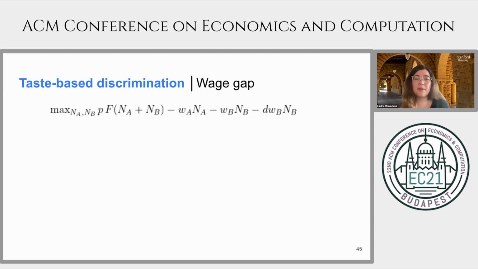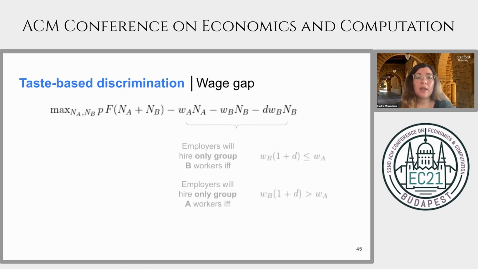Why does this happen? Because the two groups are equally productive. Only their total number, as you see in this function, matters, and not their group. So the employer's decision must rely on the other two terms in this utility, which in turn means that the employer's decision is much simpler.